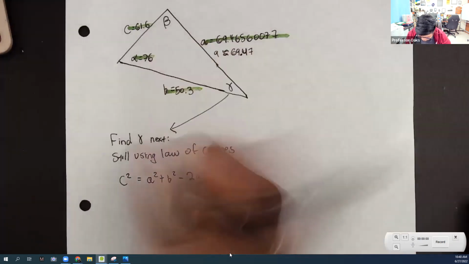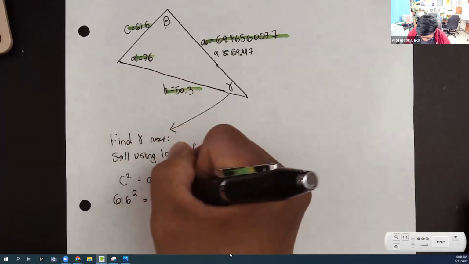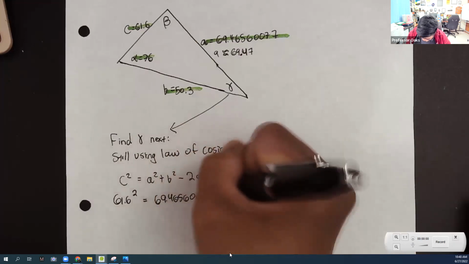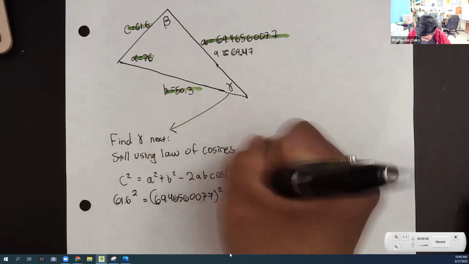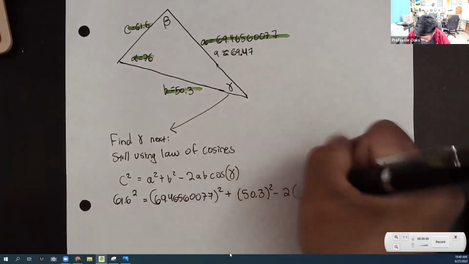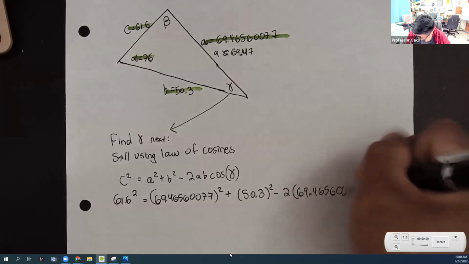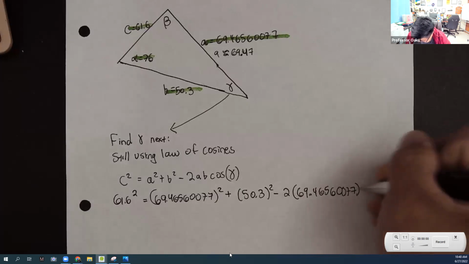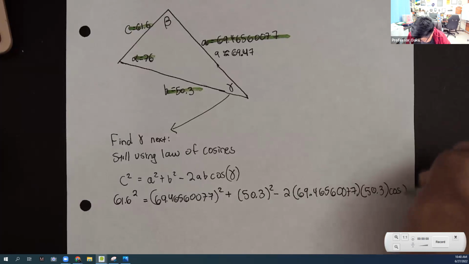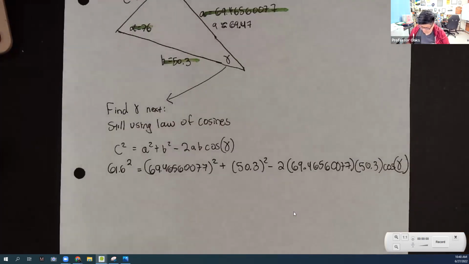So we know c is 61.6, and then a is 69.465600077 squared, and then b is 50.3, so 50.3 squared minus 2 times 69.465600077 times 50.3, and then cosine of gamma, which I still don't know what gamma is.